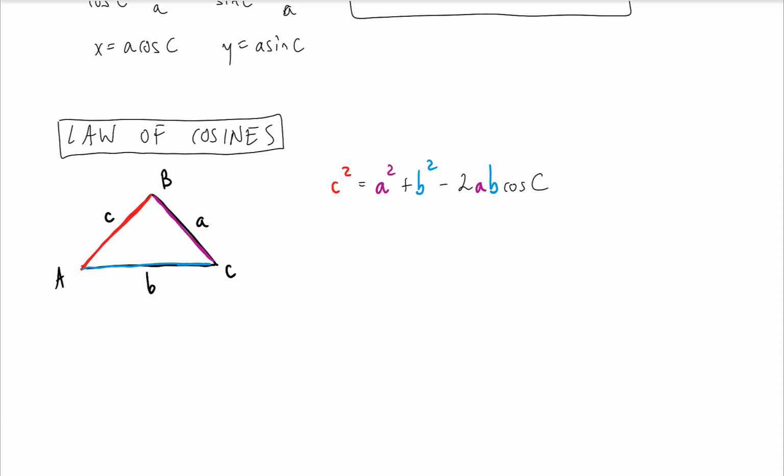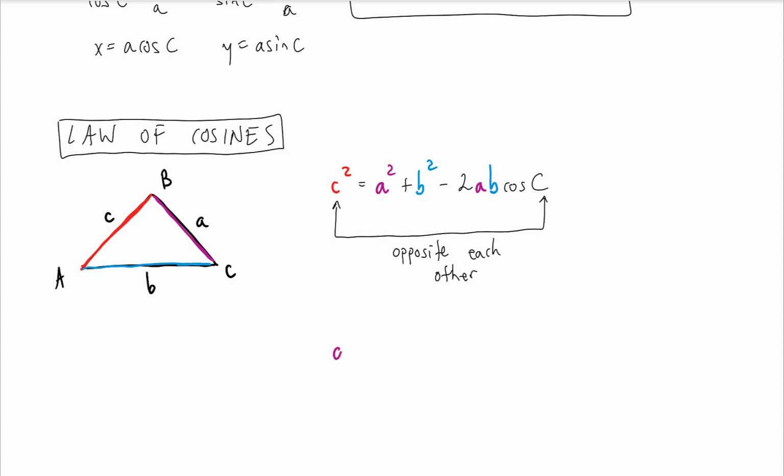So these need to be opposite of each other. That's important. Those need to be opposite each other. But again, the naming is arbitrary. So I could rearrange the letters and get a similar formula for any side that I wanted.